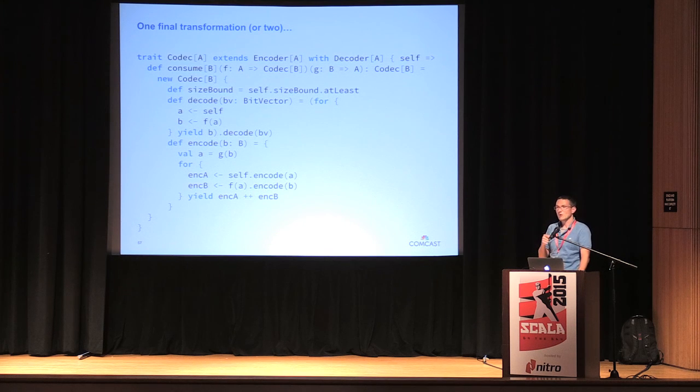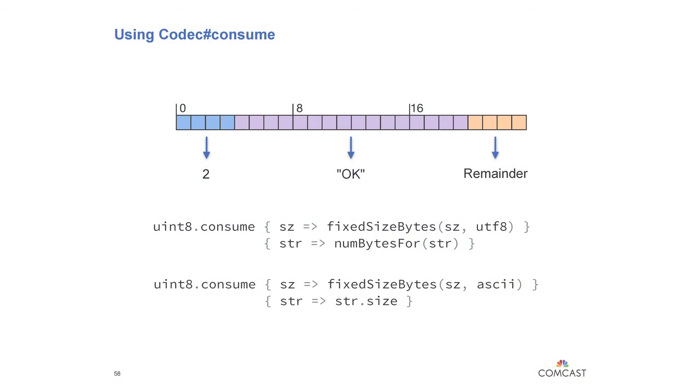But when we're encoding, the value that's written in that first field is actually computed from what comes after, right? That number 2 was the size of the string that came after. And so we can write this method called consume, which, in addition to the A to codec B, is going to take a parameter B to A. And we'll end up returning a codec of B.